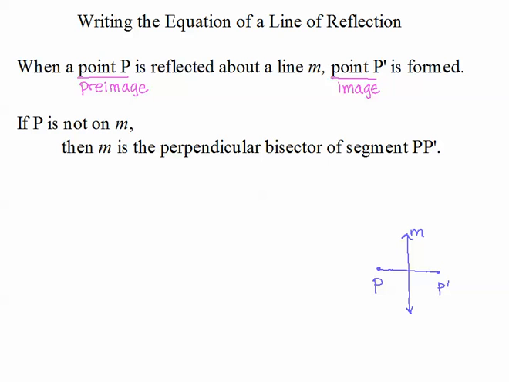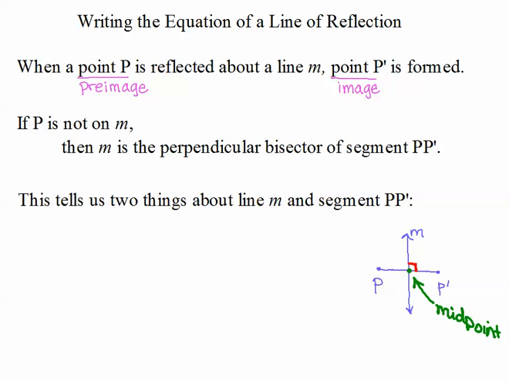We have, first of all, this point right in the intersection. And remember from notes that we said that that was the midpoint of the segment. And the other thing that we talked about was the fact that the line and the segment are perpendicular to one another. So that gives us another bit of information.